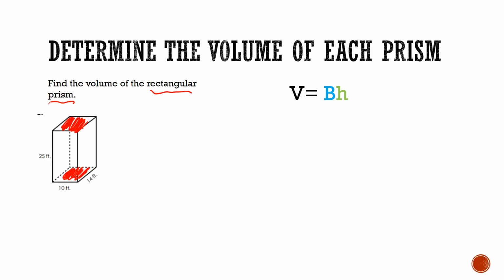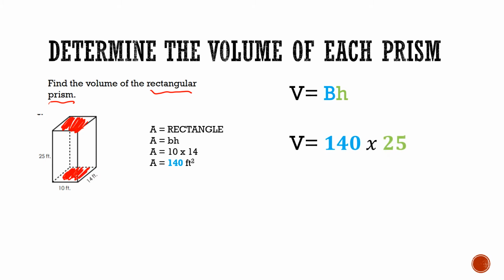And then we begin by calculating area of the base. So in order to calculate that, we have to start with finding the area of a rectangle, because those are our bases. Plug in our formula, area equals base times height. Plug in our numbers, 10 times 14, and then get our answer, which is 140 square centimeters.